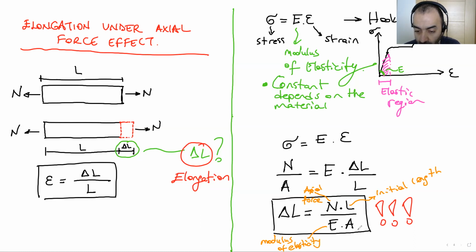And A is area. Delta L is the elongation. So we have two equations for today. One is regarding the axial stress, N over A. The second one is delta L, the elongation, equals NL over EA.